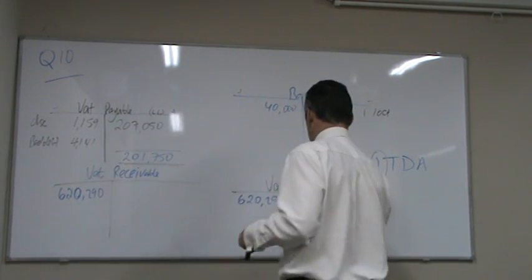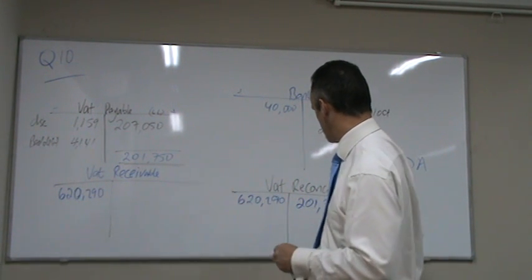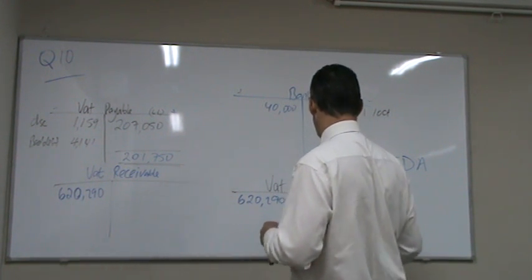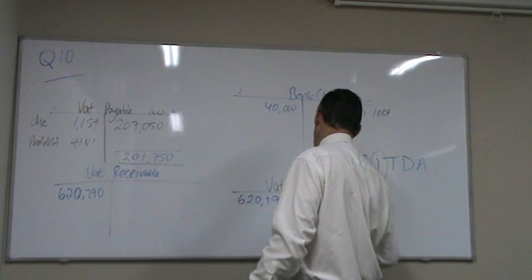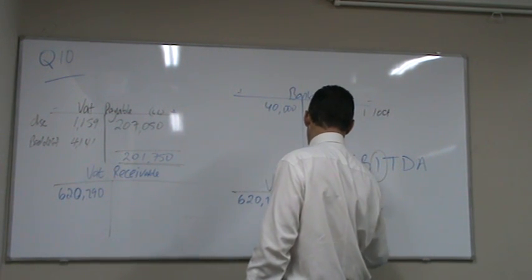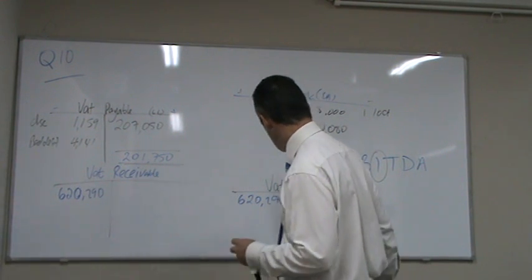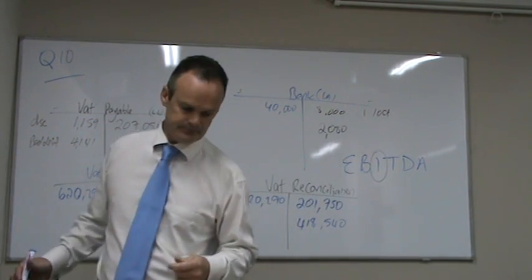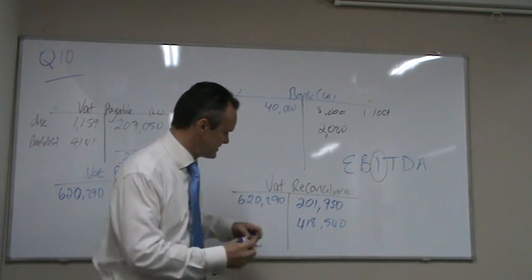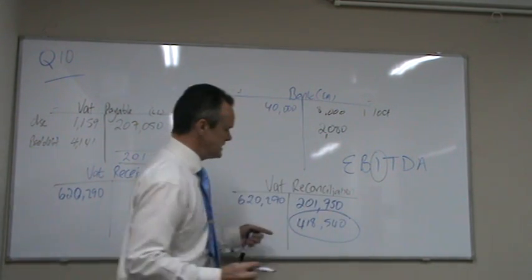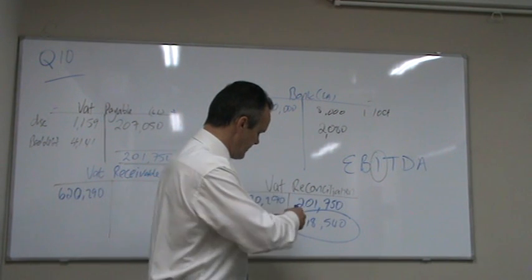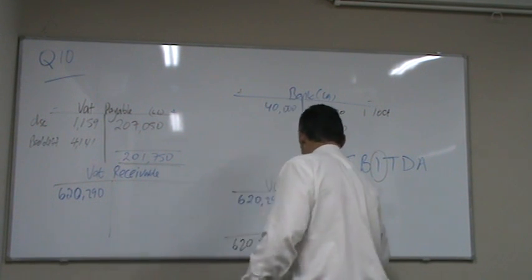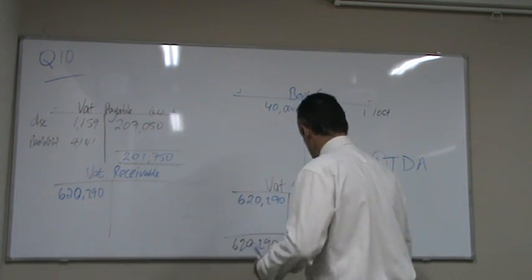So we've got our VAT reconciliation, and this amount of money is the amount we need to reconcile the two sides. Both of them are going to be the same. Both of them are 620,290. And this is basically what we needed.